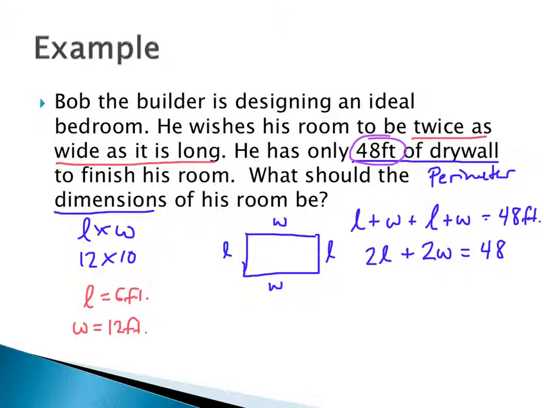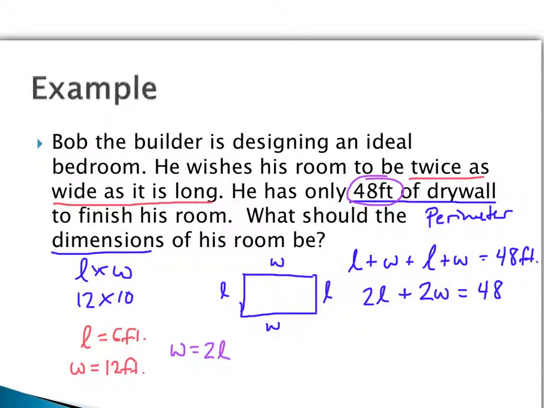So I can use that sentence to come up with another expression, really another equation. What this is going to tell me is that my width is always going to be twice the length. So now starting with that, one easy thing I can do is let's just redraw the picture.